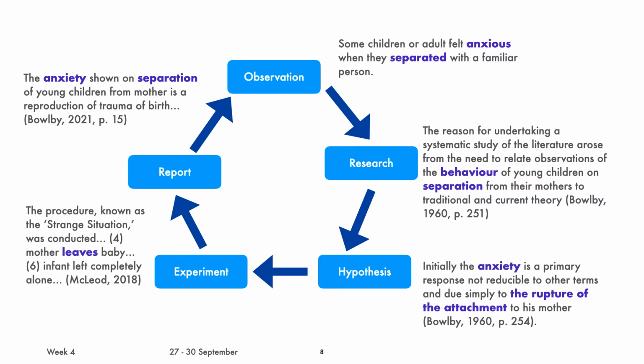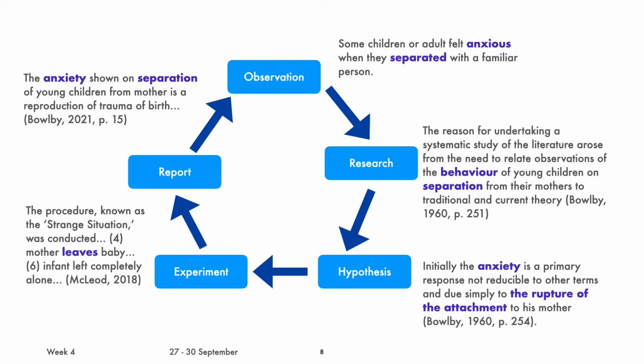Okay, so I'm not sure about all the details about this phenomenon or the experiment, but we can see from the initial observation with the adjective denoting the emotion anxious and the action separate, we start coming up with terms or nouns such as anxiety and separation.